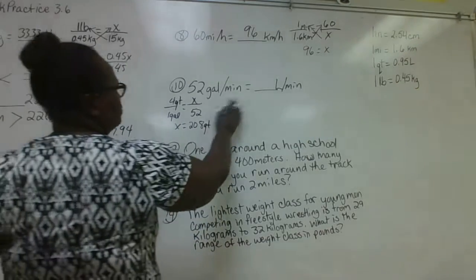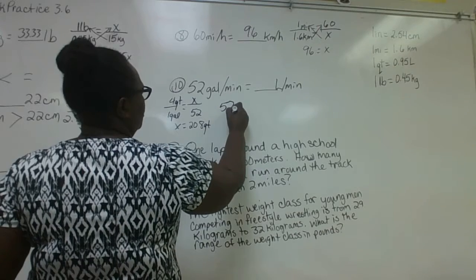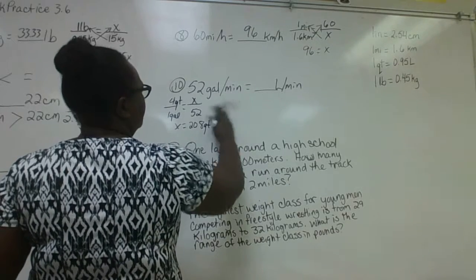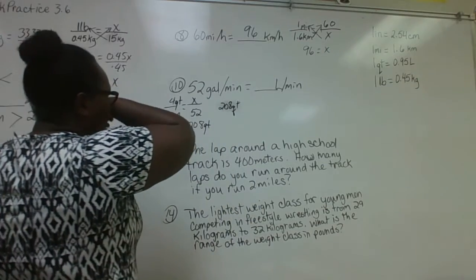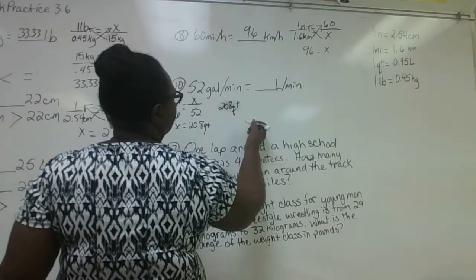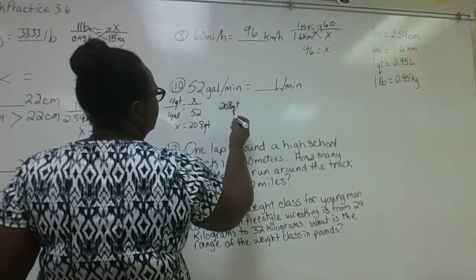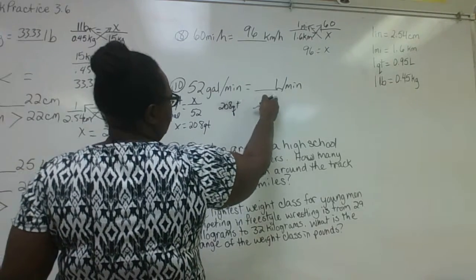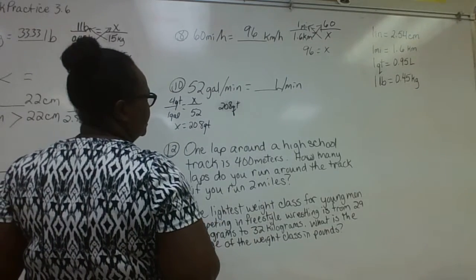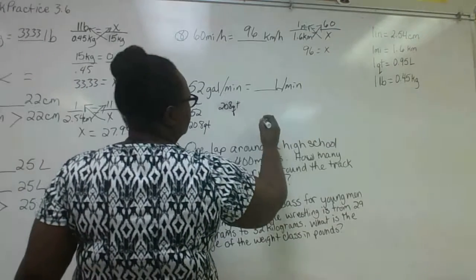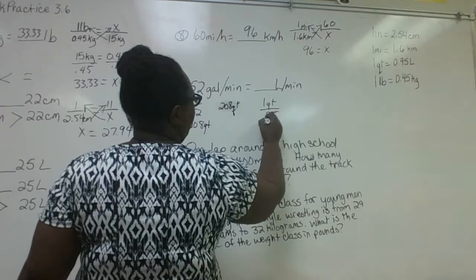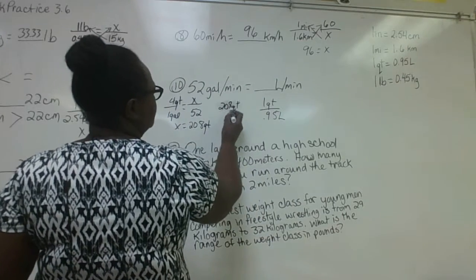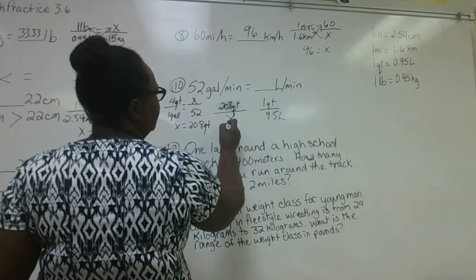So therefore, let's compare 208 quarts versus this number of liters. So then if our conversion is 1 quart is equal to 0.95 liters, and we have 208 quarts, how many liters is that?